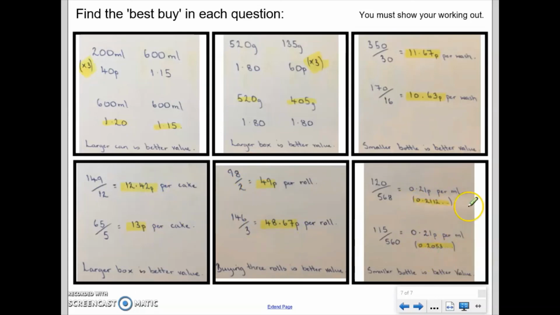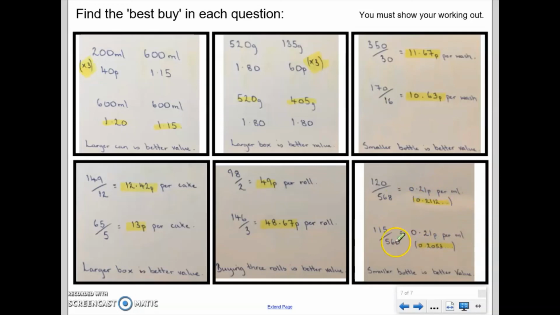Just one thing to note on question 6 is when we do price divided by quantity, if we were to round it to 2 decimal places, we'd end up with 0.21 pence per milliliter, but we'd end up with that answer for both the smaller bottle and the larger bottle.